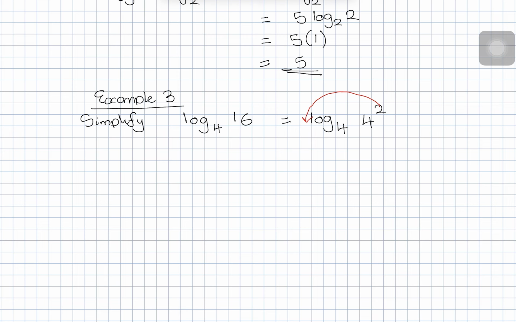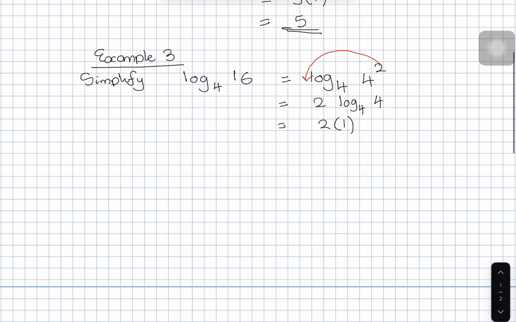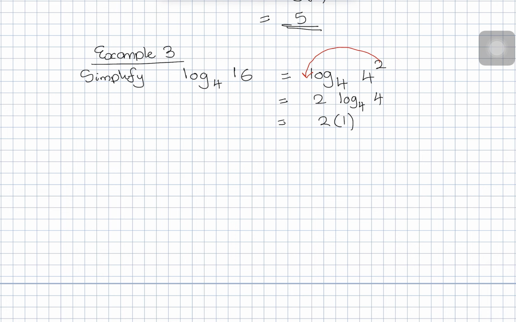So it's going to become 2 log base 4 of 4. Log base 4 of 4 will become a 1, so 2 times 1. Remember law number 4, because we have the same value here and the same value here. So what is 2 times 1? 2 times 1 is 2.